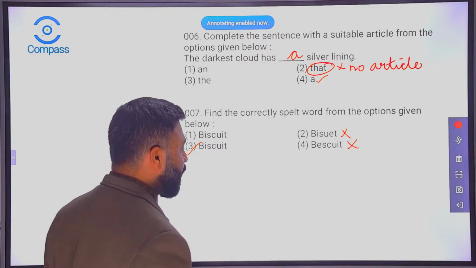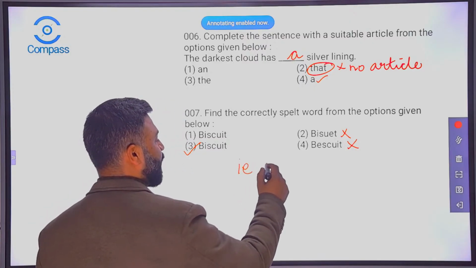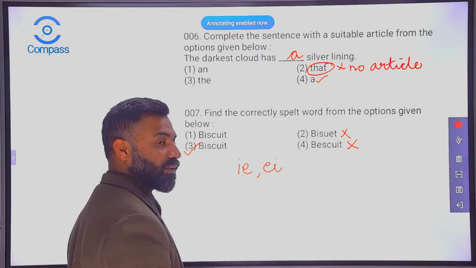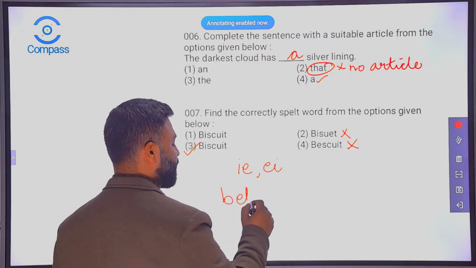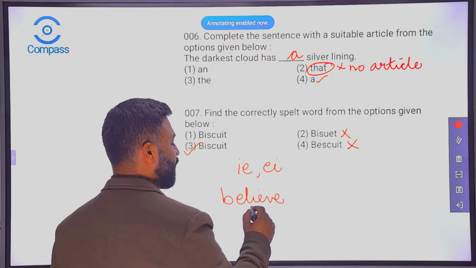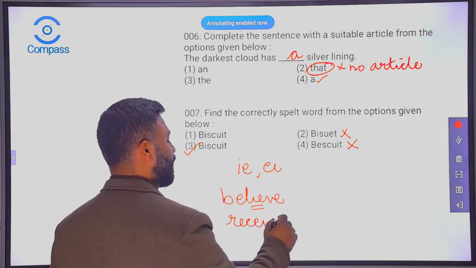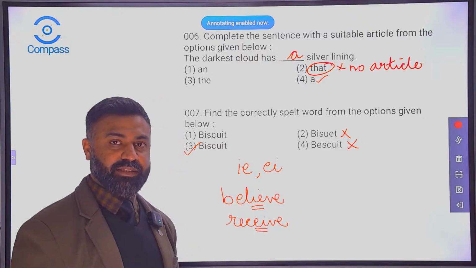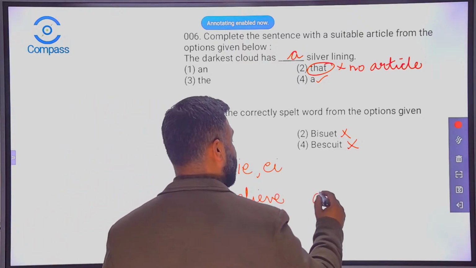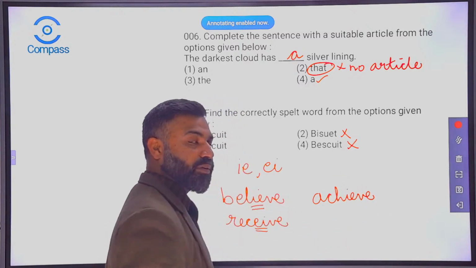There are spellings very confusing, having IE and EI, right? So one of the words is believe, but if we write down receive, it is written like this, isn't it? And then achieve, right?